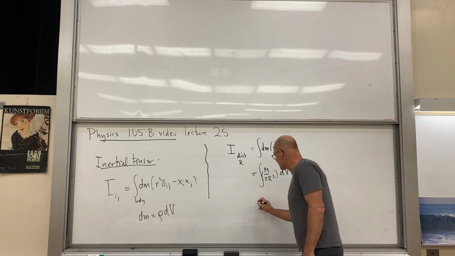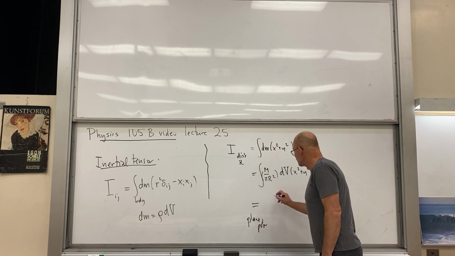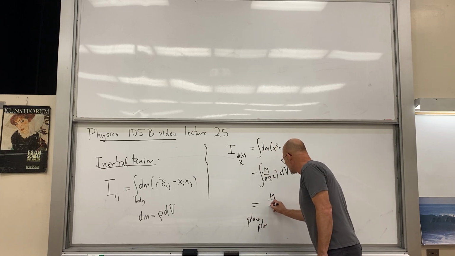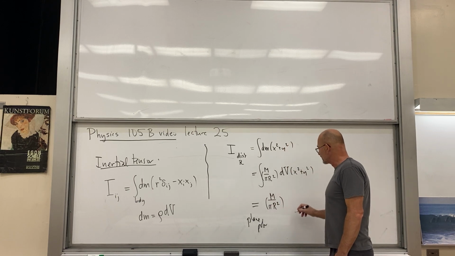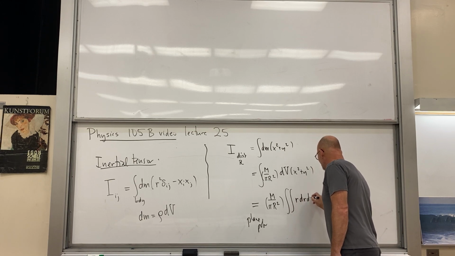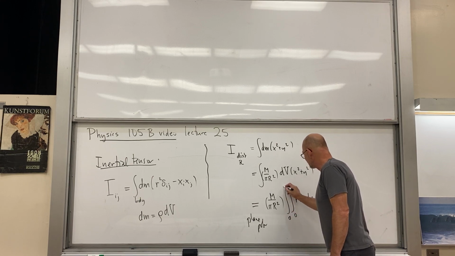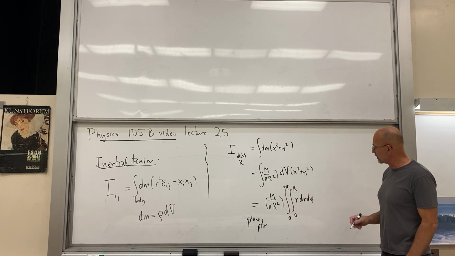Okay, but now I'm going to go ahead and write plane polar here. And we can pull out the density, m over pi radius squared. And then it's going to be a double integral. We know that we have r dr d phi, so dr from 0 to capital R, d phi from 0 to 2 pi, since we're doing plane polar.